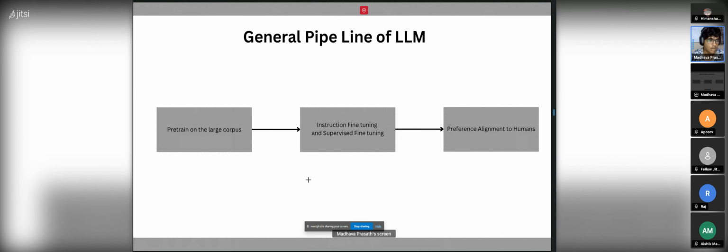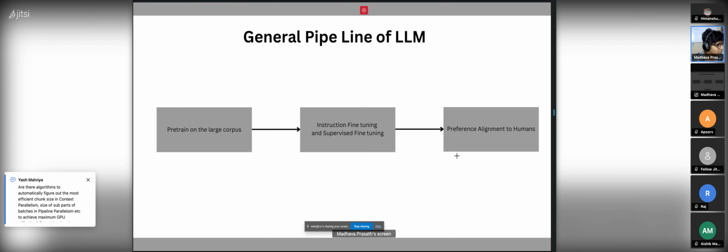In the last session, we showed how to pre-train on a large corpus, and then how to do IFT and SFT. For IFT and SFT, you just make it into a prompt and train it on cross-entropy loss. But today's session will be focused on the third part, preference alignment towards human beings.